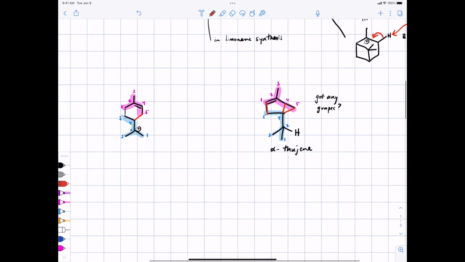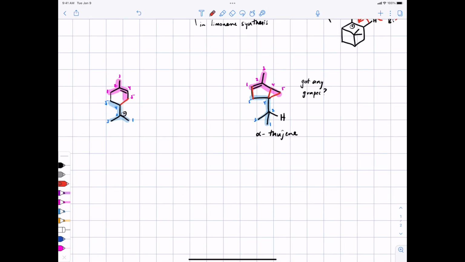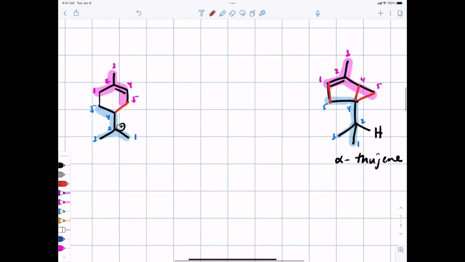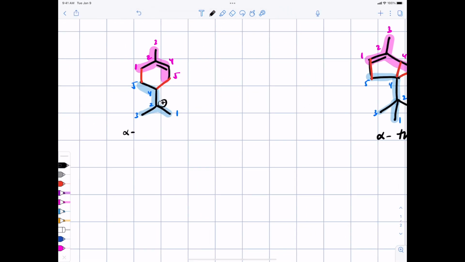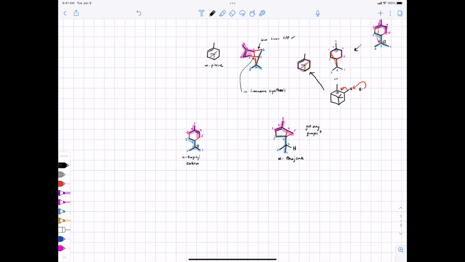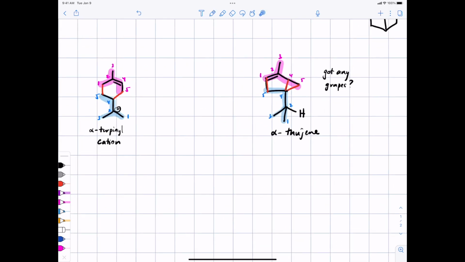Let's compare that with what we've got in our carbocation precursor. This isn't important, but I might call it the alpha terpinyl carbocation, because it's the immediate precursor to alpha pinene.